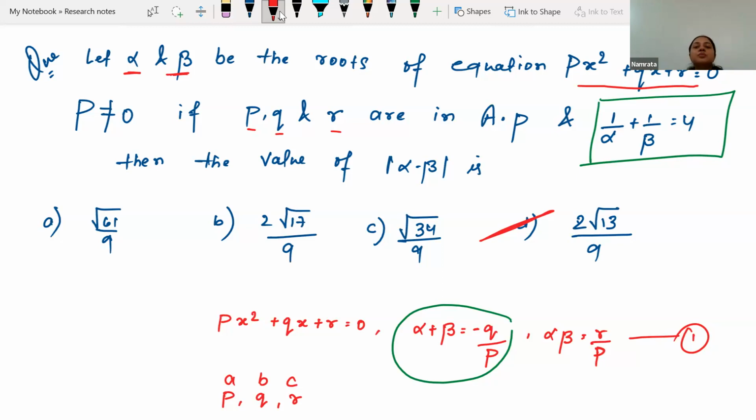This much we know from the arithmetic sequence, arithmetic progression, which you have done in the previous class only. And here one more relation was given, 1 by alpha plus 1 by beta is 4. So that also we are trying to simplify it, and then we are finding the value of alpha minus beta. By using all the informations, you have to keep it in one place so that quickly you will be able to use it. Okay.